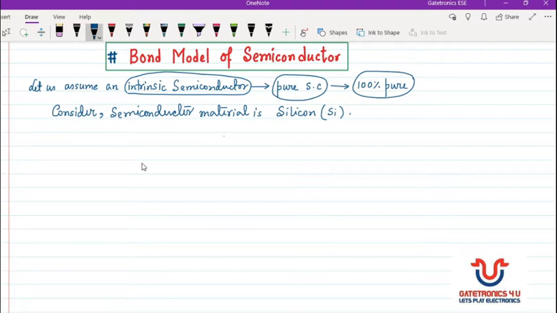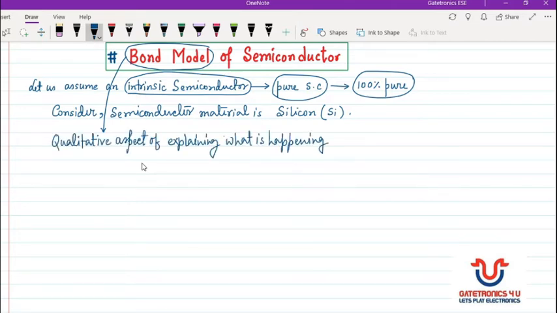Now, this bond model is a qualitative aspect of explaining what is happening inside the semiconductor. And for this case, we have assumed that the semiconductor material is a silicon material. Later, we will translate them into equations.